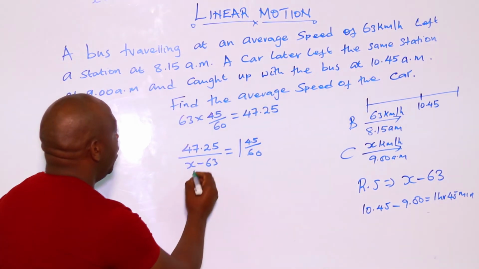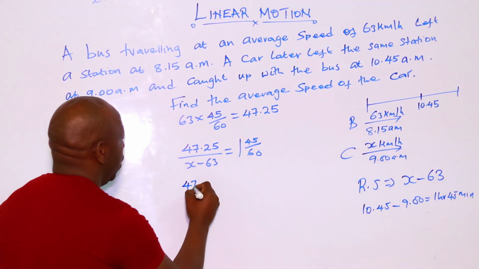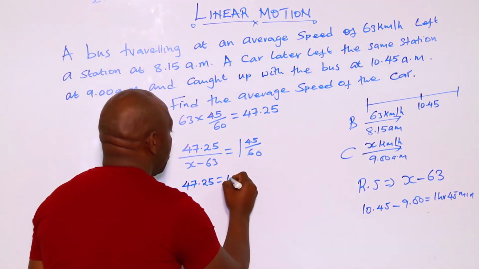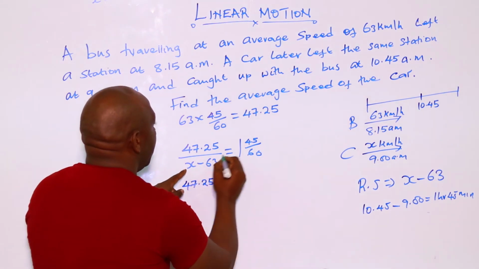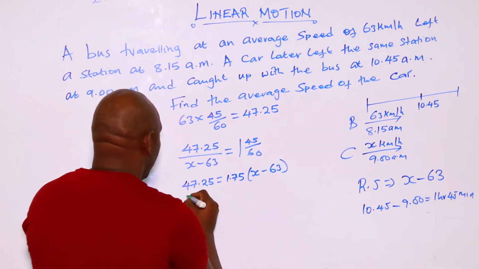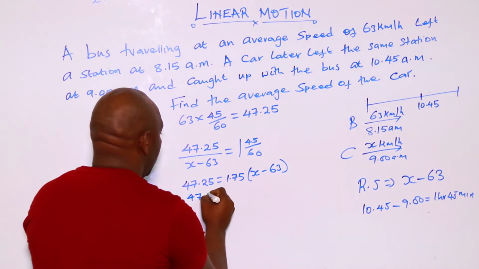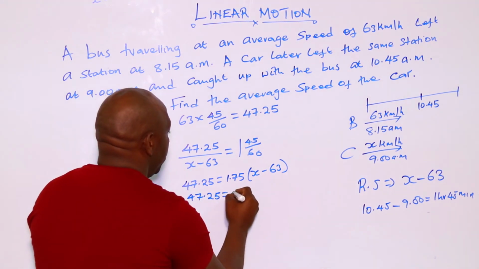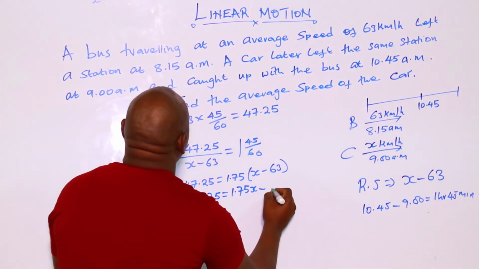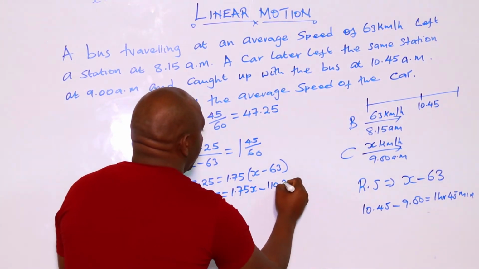So this is 47.25 equals to 1.75. Take this on this side to get x minus 63, and this will be 47.25 equals to 1.75x minus 110.25.